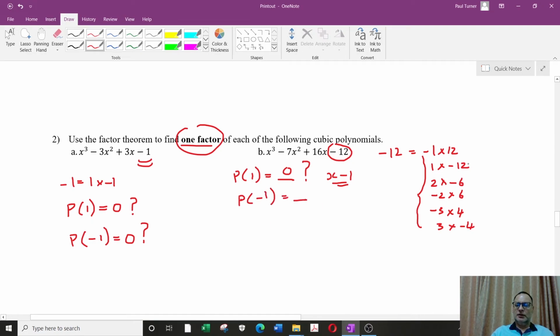Yes or no. Then you go down to minus 2 and so on. Okay, just do it until you find one factor. We can try 6 and minus 6, 3 and minus 3, and 4 and minus 4. Okay, that's the way to find one factor.